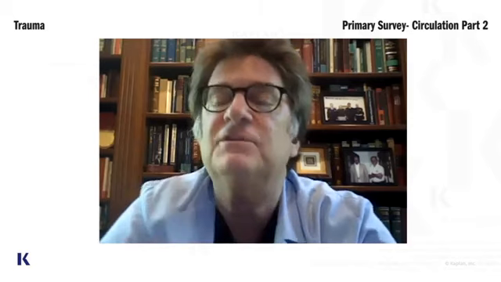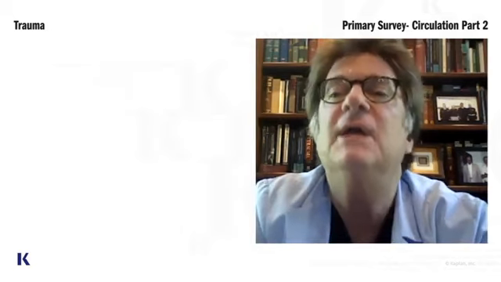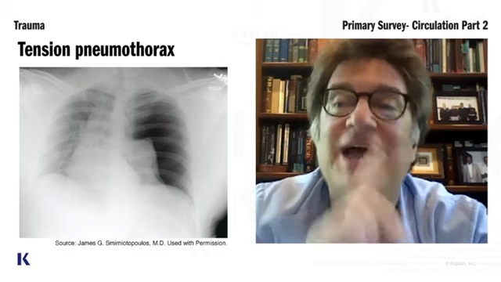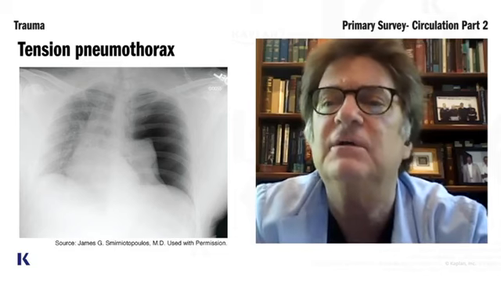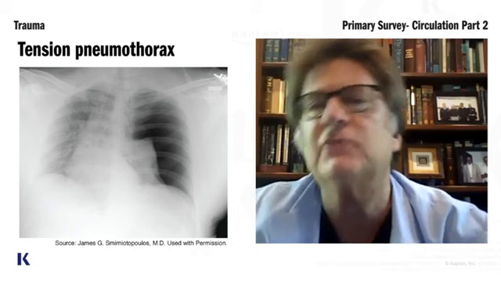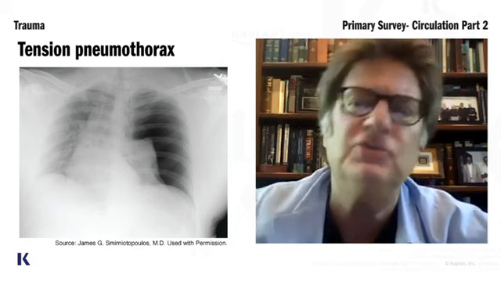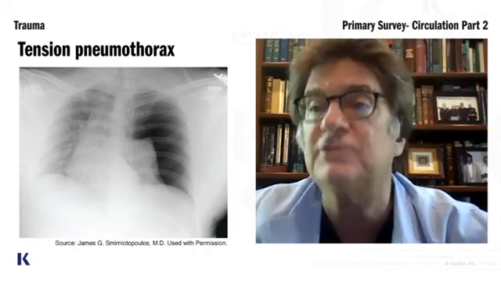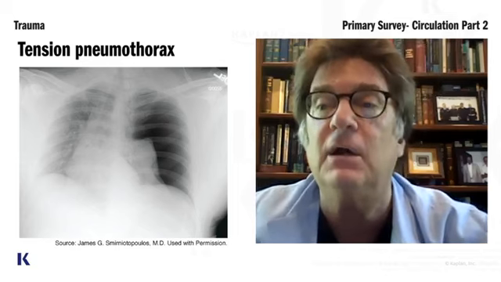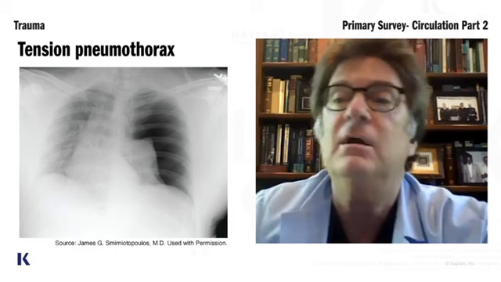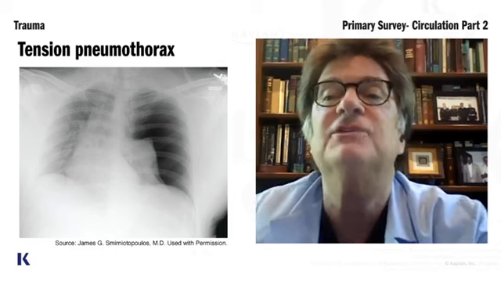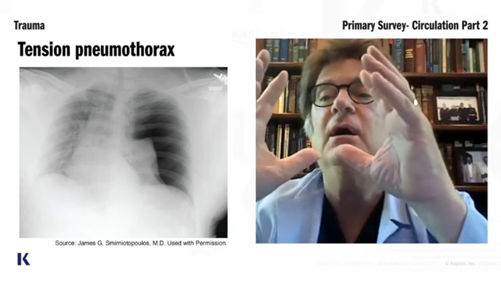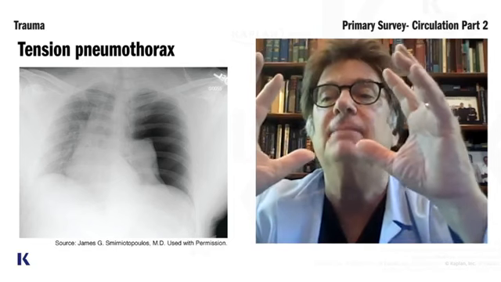The first is called tension pneumothorax. Tension pneumothorax. What is a tension pneumothorax? Well, a tension pneumothorax is a pneumothorax, a complete collapse of the lung, where the injury causes a one-way valve, where the lung keeps getting bigger and bigger.